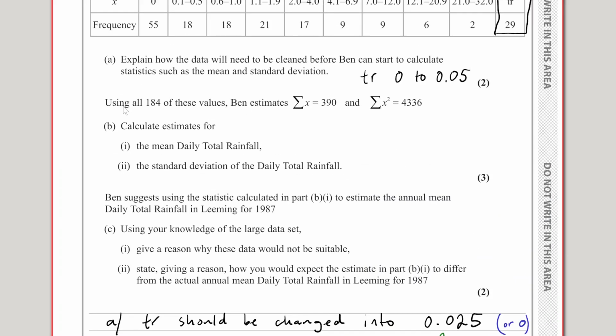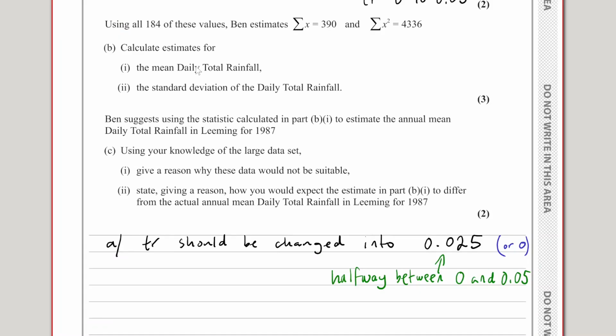Using all 184 of these values, Ben estimates that the sum of the x's is 390 and the sum of the x squareds is 4,336. We need to calculate estimates for the mean and the standard deviation.